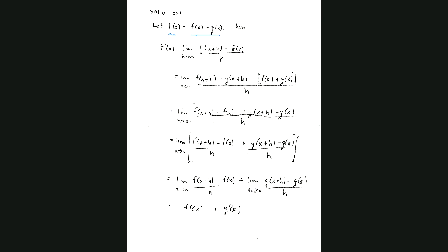I want to know what the derivative of my capital F function is with respect to x. And so naturally, we go right away to the definition of a derivative.